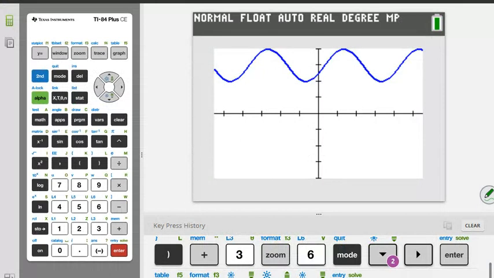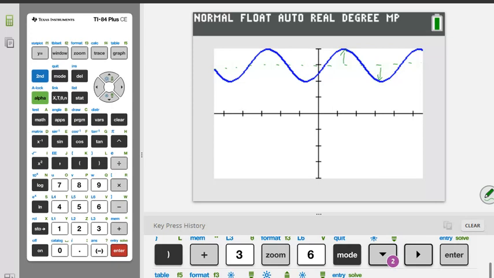The thing that I want to point out to you is what is called the midline. We don't use it as much in this course, but notice the midline of the graph, the one that cuts that graph in half, is right at 3. Our amplitude is 1, and going down is 1, but right at 3.